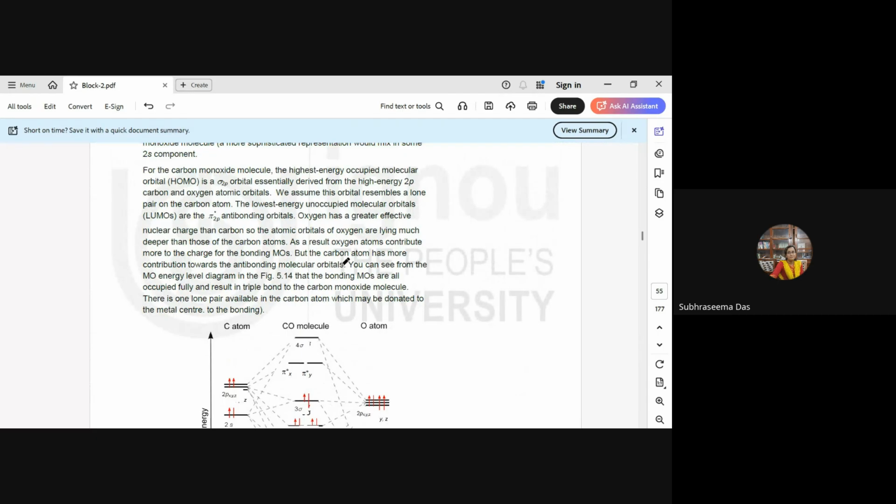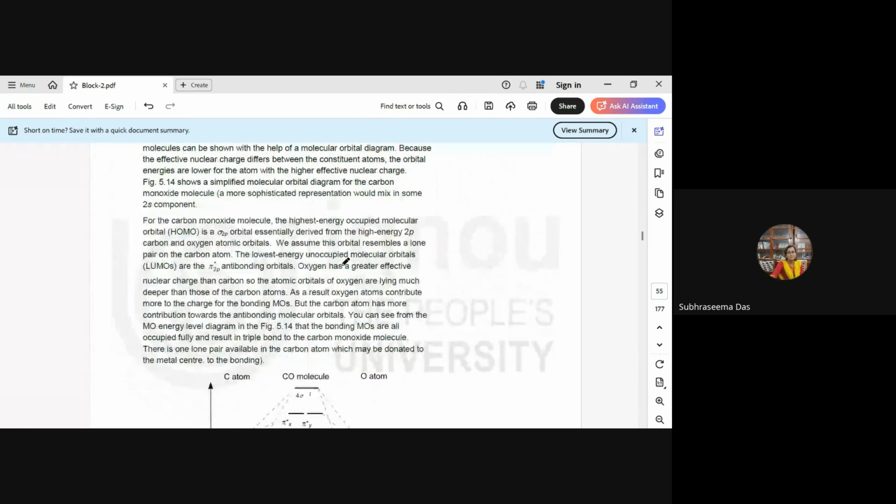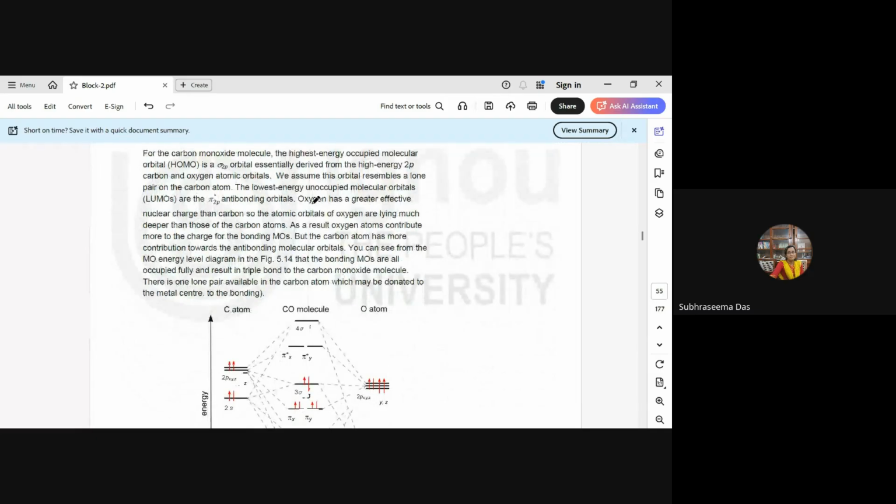So it has been seen that for the carbon monoxide molecule, the highest energy occupied molecular level, that is the HOMO, is a sigma 2p orbital, which is derived from the 2p carbon and oxygen atomic orbitals.